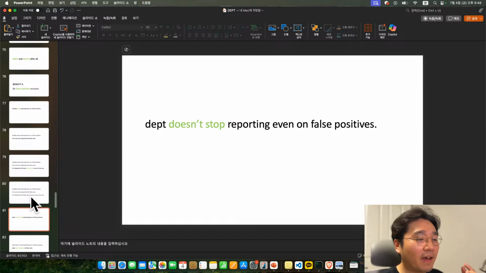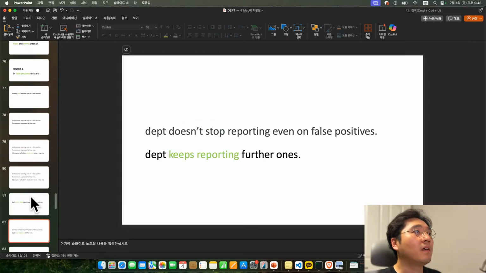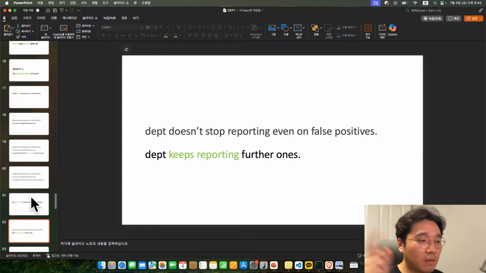We can easily find it. DEPT mostly reports it, right? I think this is the important point for the case, because if there's some reporting from Lockdep in the booting sequence of the kernel, we cannot find the real use case for the lock in the NPU when we are using the NPU.